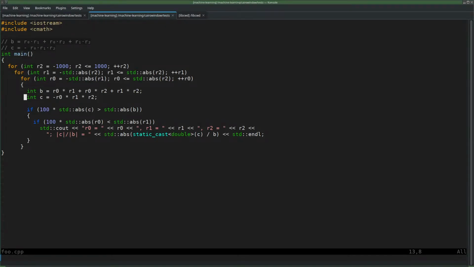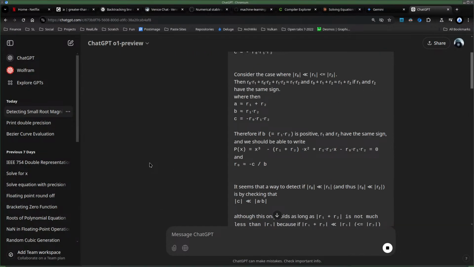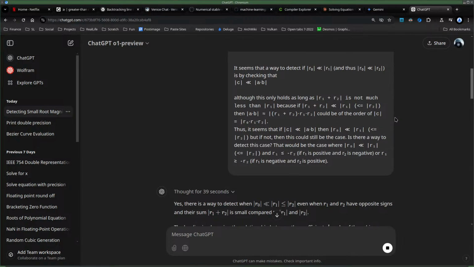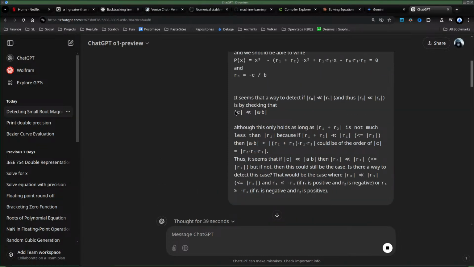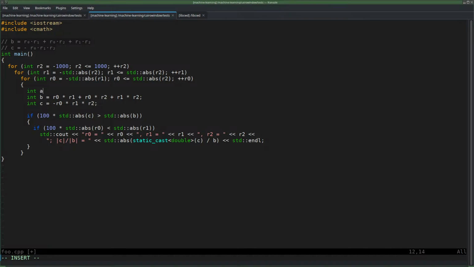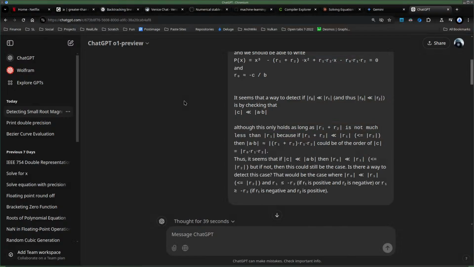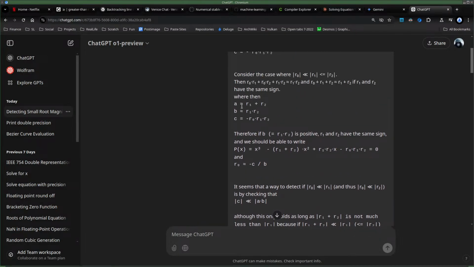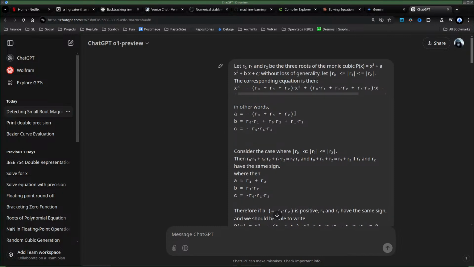So my idea was to compare. What was my idea? To compare the absolute value of C with A times B, where A is minus the sum of the roots.